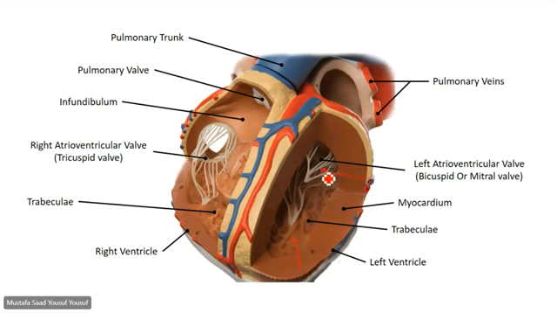This is the chordae tendineae of the bicuspid valve, here we have the tricuspid valve, and these are the trabeculae of the right ventricle. Here we have the pulmonary valve, as we saw a moment ago. The aortic valve is not very clear in the model.